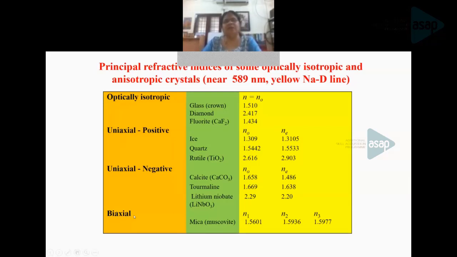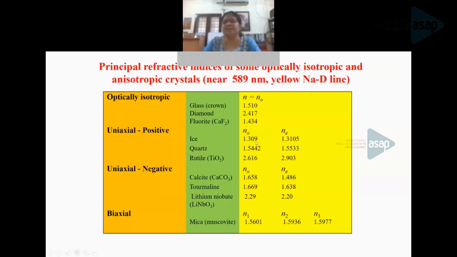For uniaxial crystals, we can see there are two refractive indices. One is for the ordinary ray and the other is for the extraordinary ray. And again, uniaxial crystals are divided into two, positive and negative. For positive crystals, we know that the ordinary ray travels faster than the extraordinary ray.